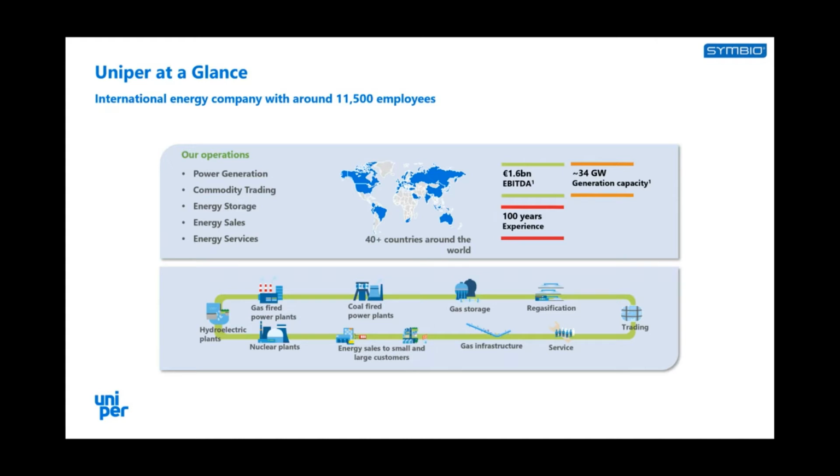We also procure and store as well as supply other commodities such as natural gas, LNG, coal, and many other energy-related products. Our physical portfolio includes power generation and energy storage. Our conventional power production, you can see it in the picture over here, is very diverse with gas or coal, hydroelectric, nuclear, and several types of production.